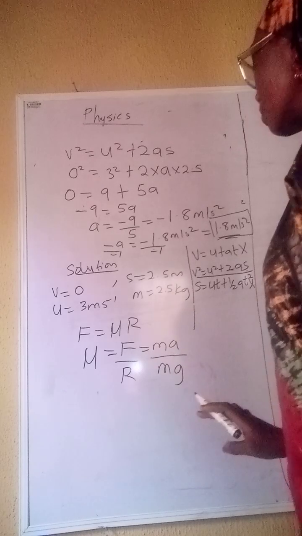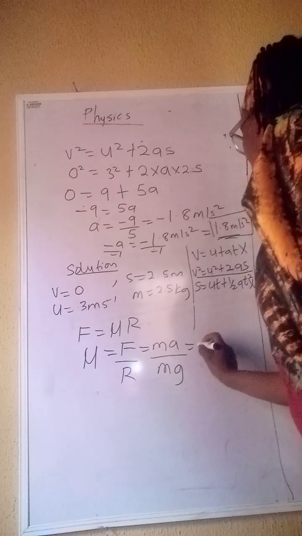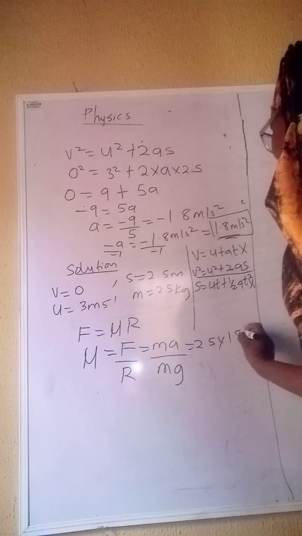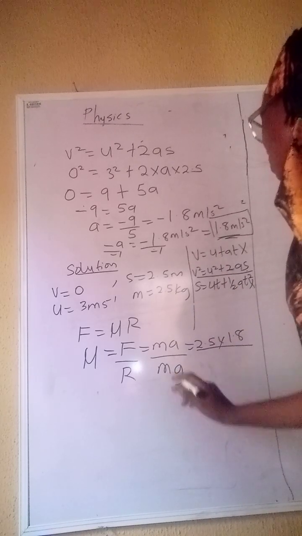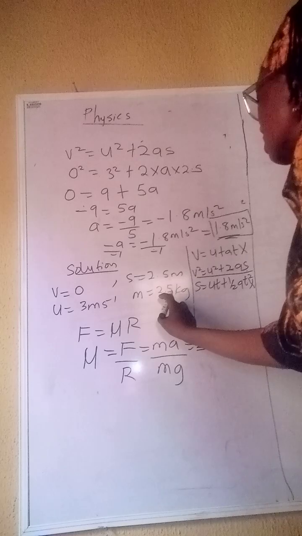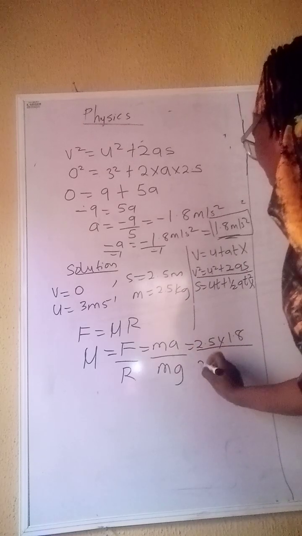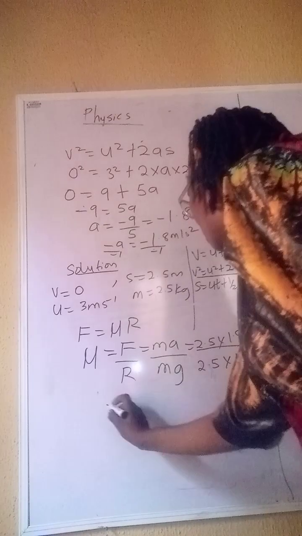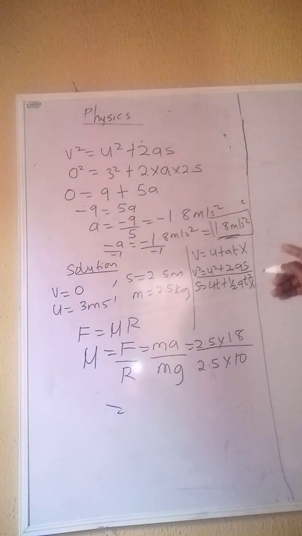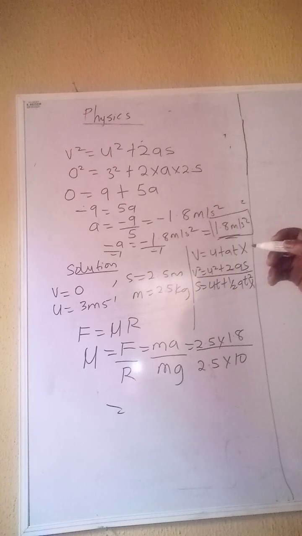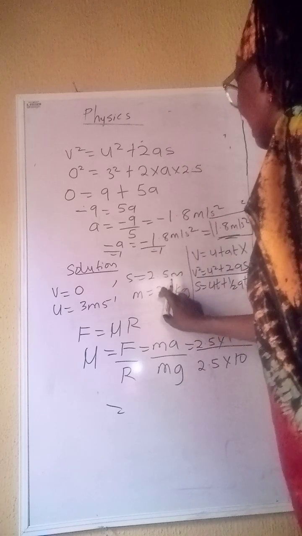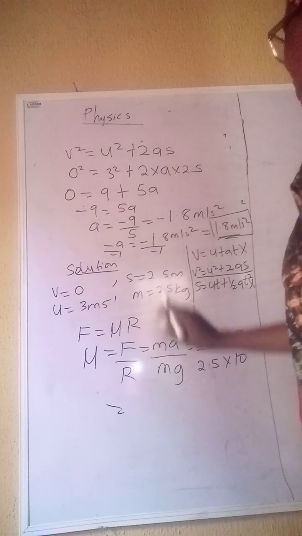So what is m? M is equal to 2.5. Our a is 1.8. And then g is 10. Oh sorry, I'm mixing this up. Mass is 25, sorry please.